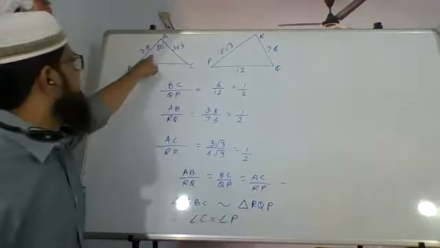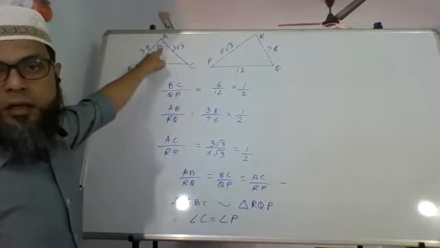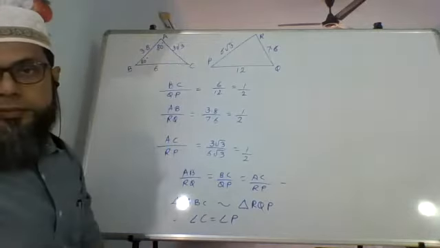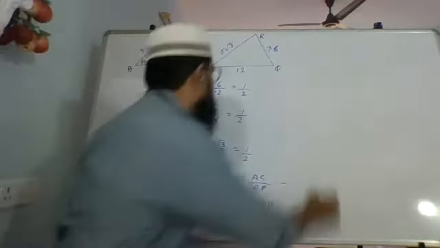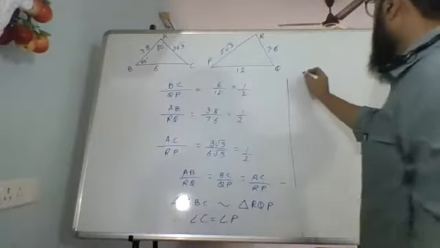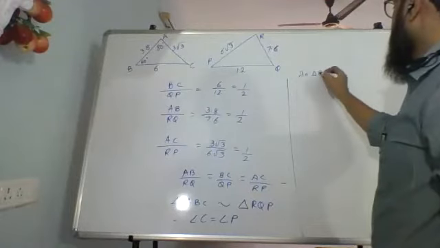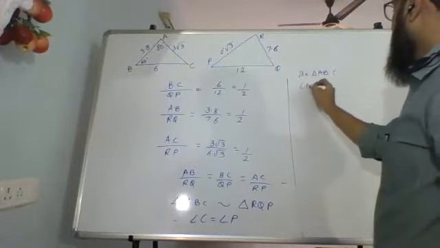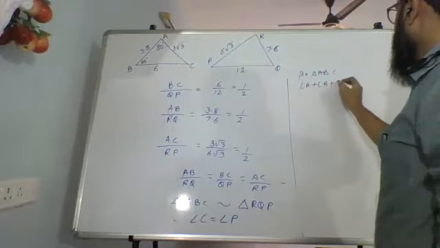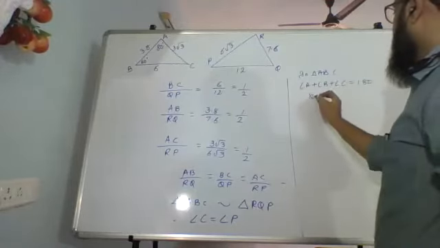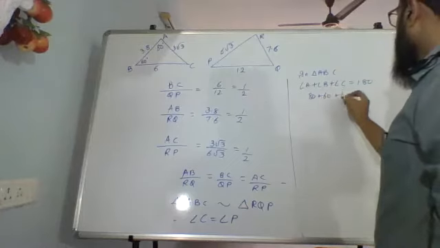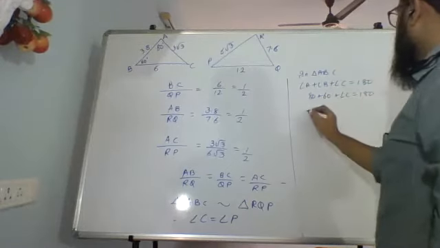और यहाँ पर ये दिया है 60 और 80. So the third angle has to be 40. So this also has to be 40. Is that clear? Here we get in triangle ABC, angle A plus angle B plus angle C equals to 180. Angle A is 80 plus 60 plus angle C equals to 180.